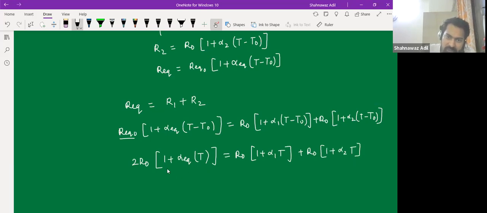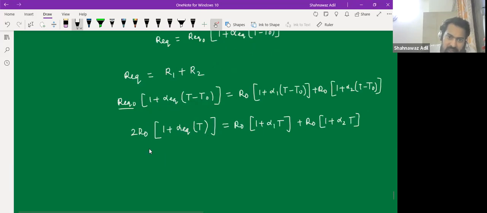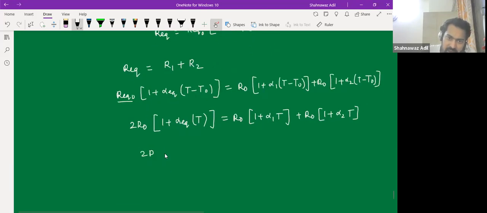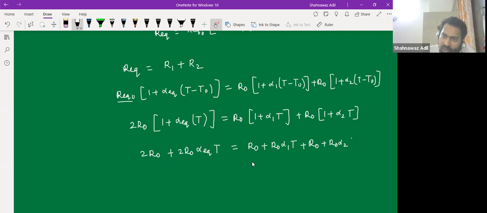So this is 2R naught plus 2R naught alpha equivalent T, equal to R naught plus R naught alpha 1 T plus R naught plus R naught alpha 2 T. So 2 R naught on both sides will cancel, right?